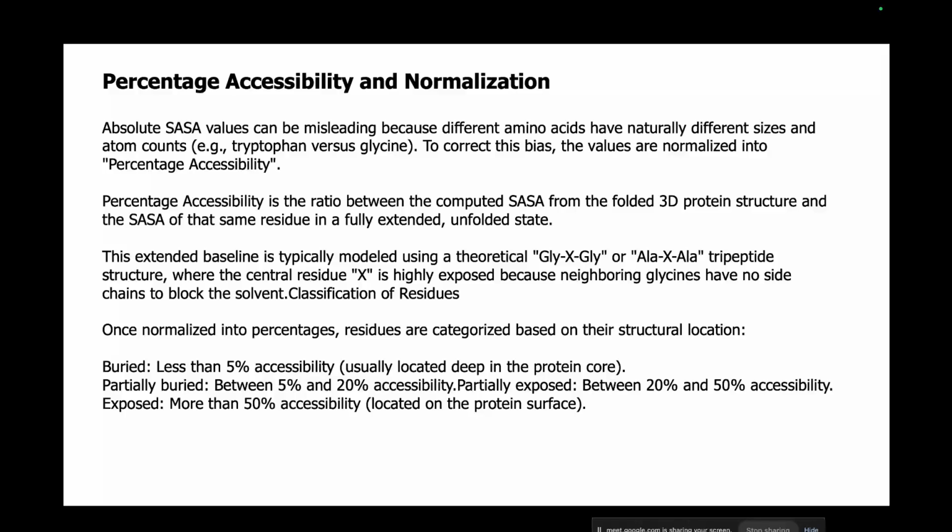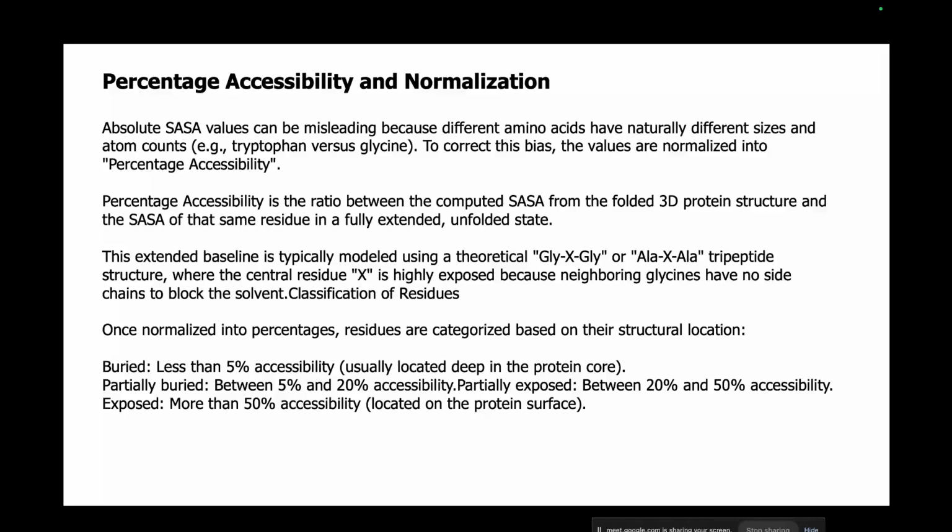It is basically the ratio between the computed value of the surface accessible area from the 3D protein structure, which is the numerator, and the denominator, the accessibility area of the same residue in a fully extended unfolded state. So that is the percentage accessibility.